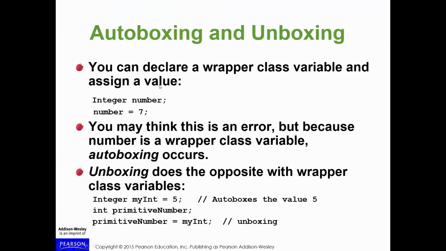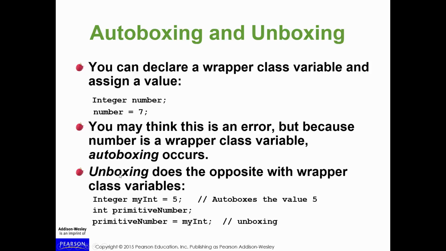So you can declare a wrapper class variable and assign it a value. It says you may think that this is an error, but because number is a wrapper class, auto-boxing occurs. Unboxing does the opposite. Okay? So again, when you auto-box, you're basically saying, okay, I want you to be able to use this primitive as though it's a wrapper object.